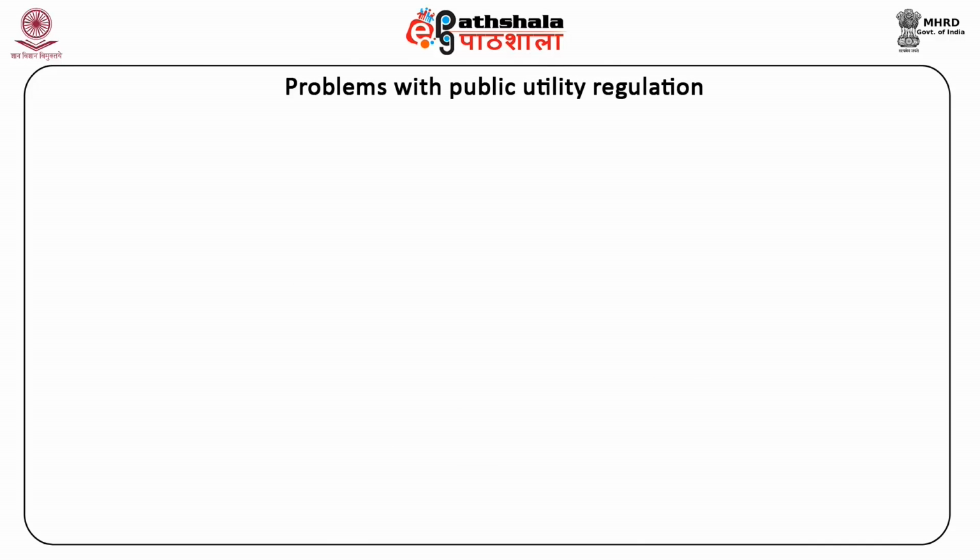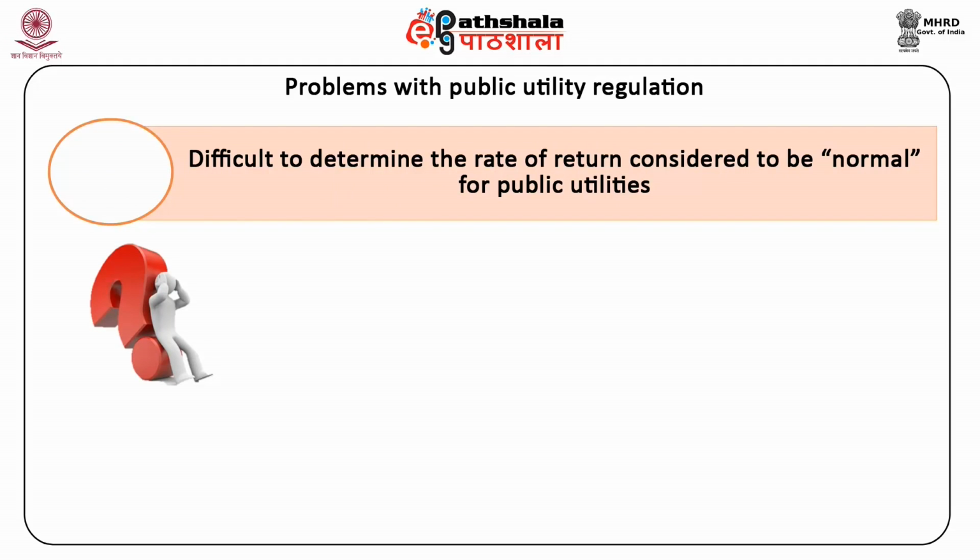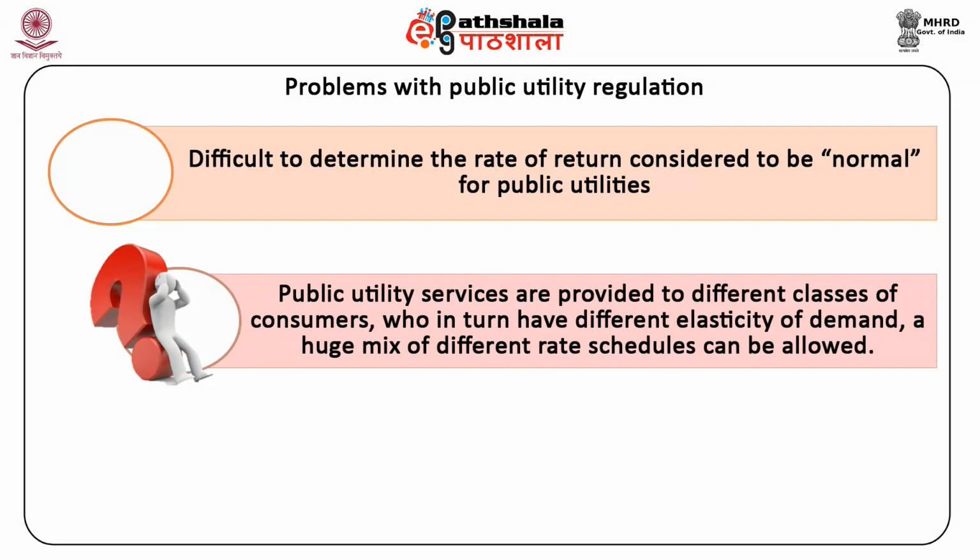In reality, there are several problems associated with public utility regulation. For instance, it is difficult to determine the rate of return considered to be normal for public utilities. Also, since public utility services are provided to different classes of consumers, who in turn have different elasticity of demand, a huge mix of different rate schedules can be allowed.